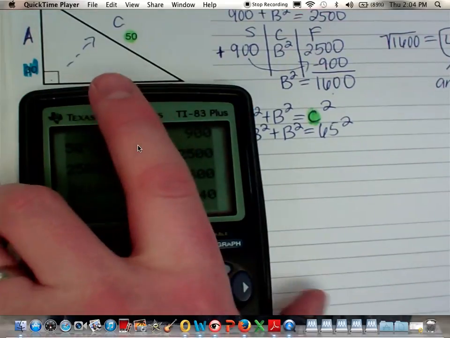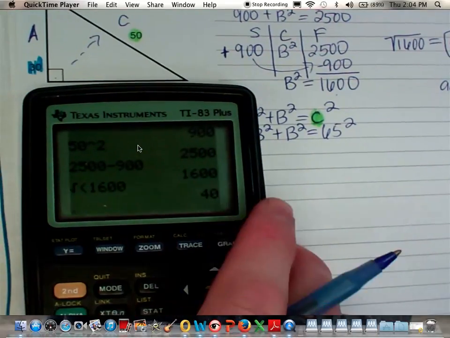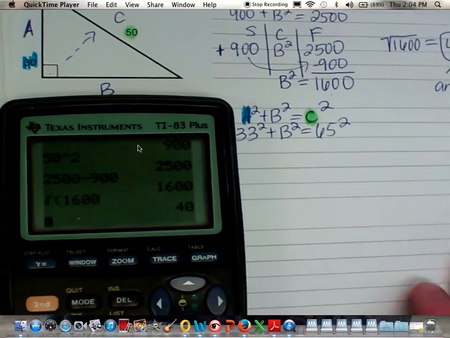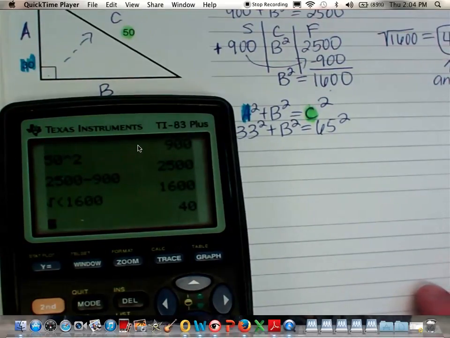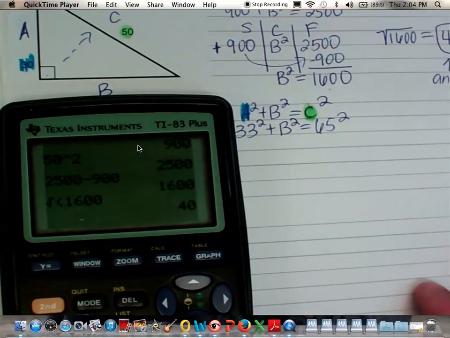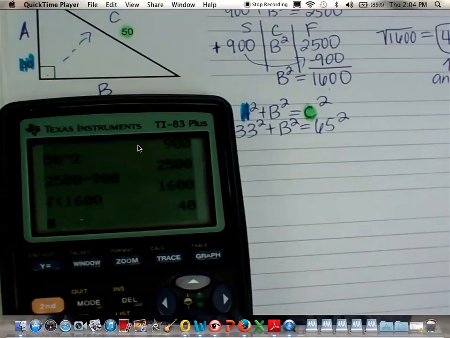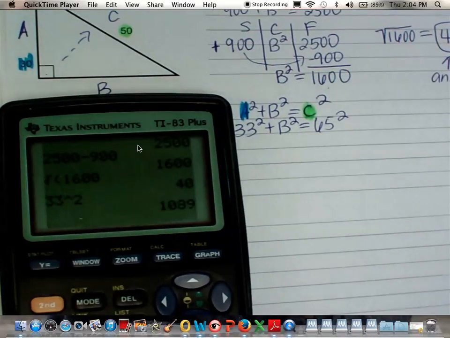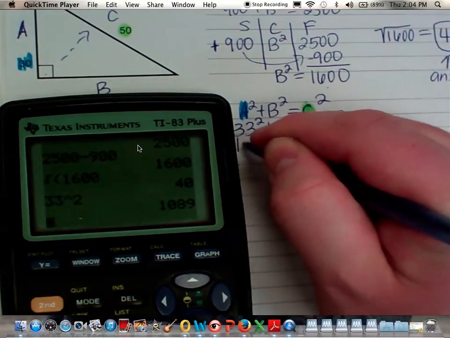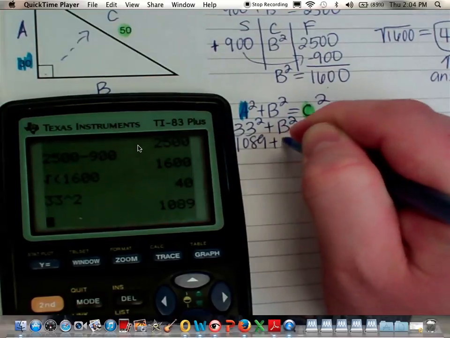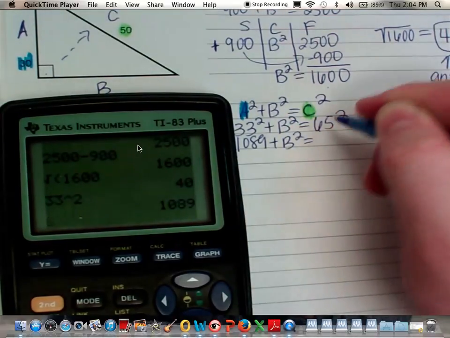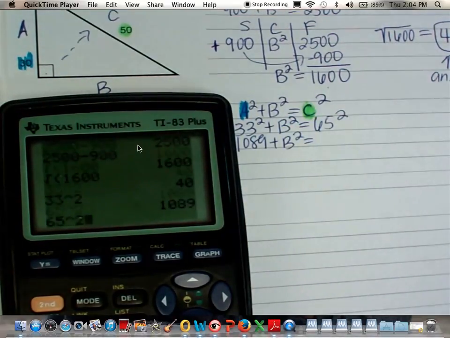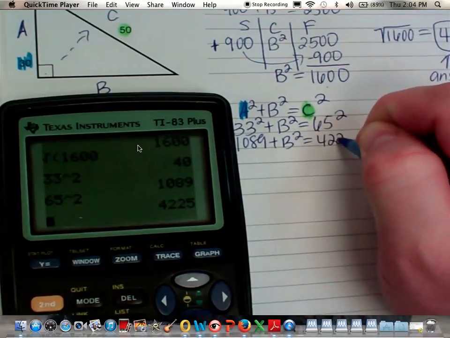Now, I'm going to use my calculator and just simply put it in. So here we go. 33 squared, 1,089, plus b squared equals 65 squared is 4,225.